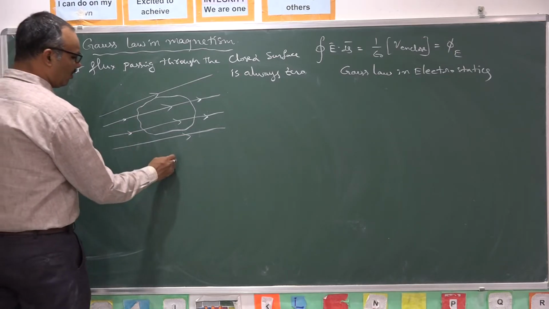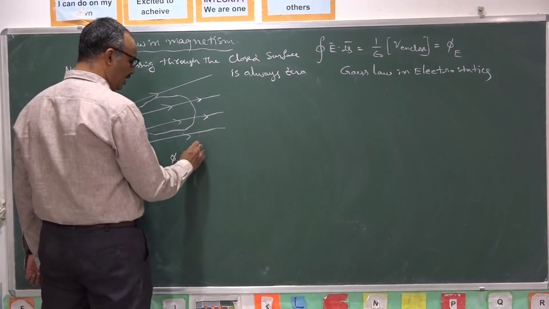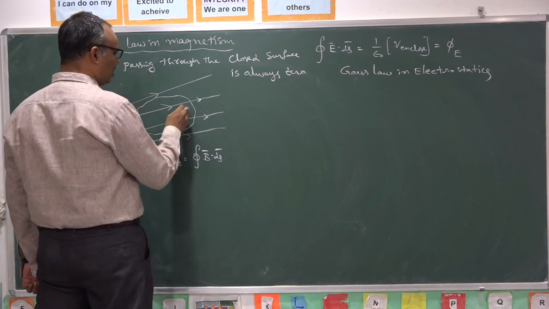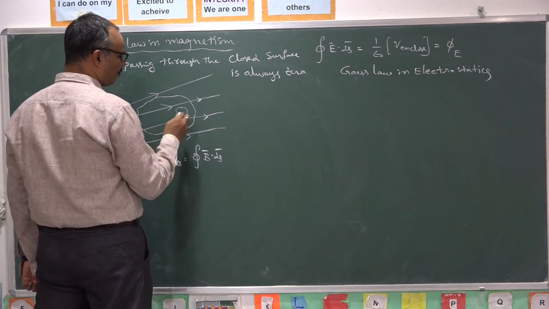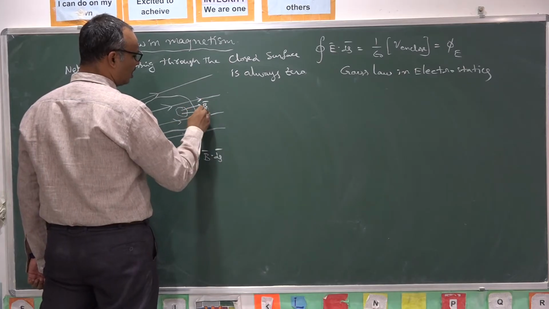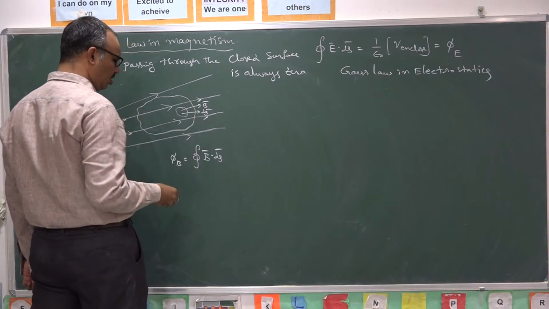So net magnetic flux passing through the surface means you should calculate integral B bar dot ds bar. If I consider a small area, on this small area, this is the direction of B bar, this is the direction of ds bar. The angle between B bar and ds bar is theta.